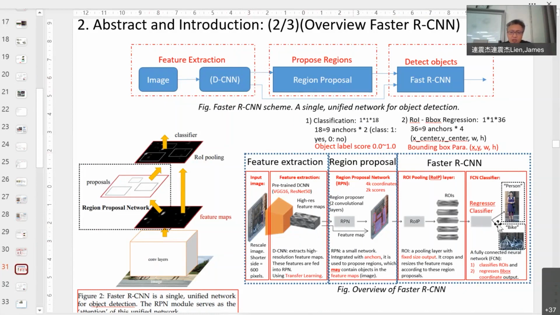This is the same as this one. Originally we use VGG16 as the encoder and extract a lot of features. So here we have a lot of feature maps, and the resolution is, suppose, 7 by 7 by 512, so we have 512 maps. Based on this, we input to the region proposal network.